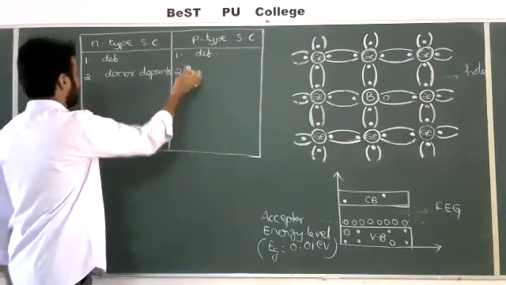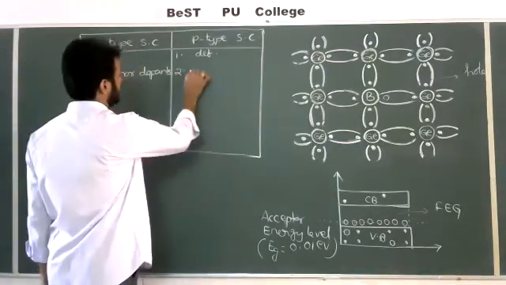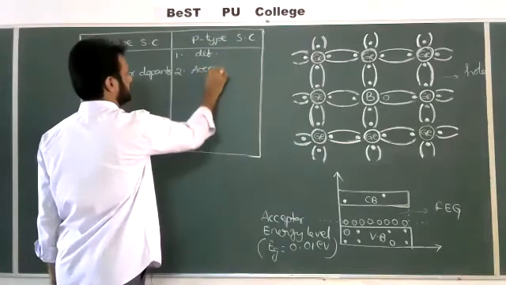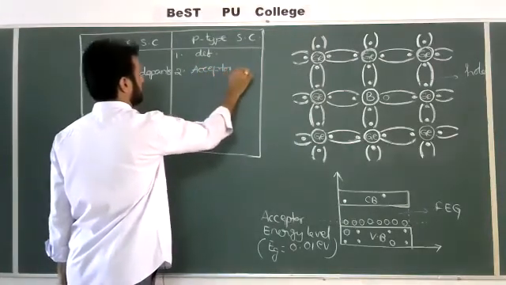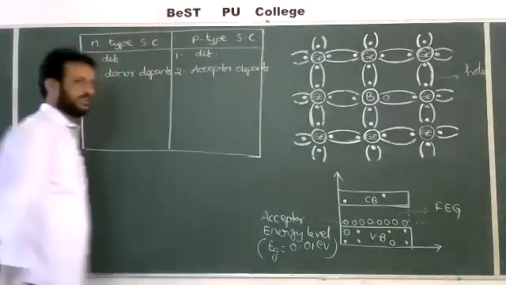But on the right side, the dopants are called acceptor atoms, or acceptor dopants.